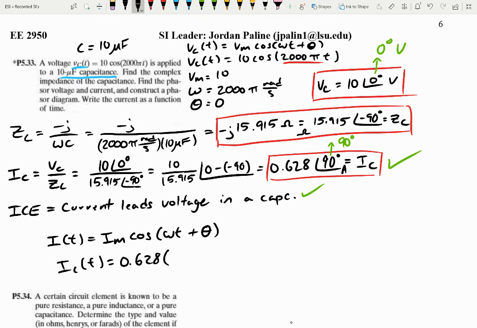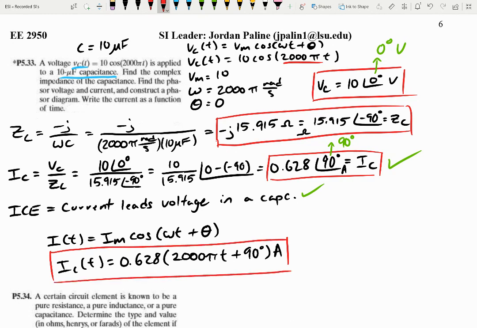The omega is going to stay the same, so that 2000 pi t. And now we have plus 90 degrees for that current. And this is our I of t equation. So this is a capacitor current with respect to time.